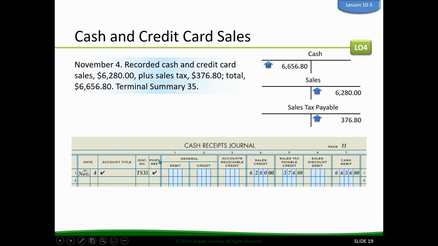That's our terminal summary. They put a check mark in the post reference because there is no individual account to post. These are going to be posted at the end of the month when we post the totals of those columns. So we go over to sales credit. This is the amount of the sale before sales tax. Here's our sales tax. And in the cash column, that's the total amount that we collected. All right, so that is a normal credit card cash sale.